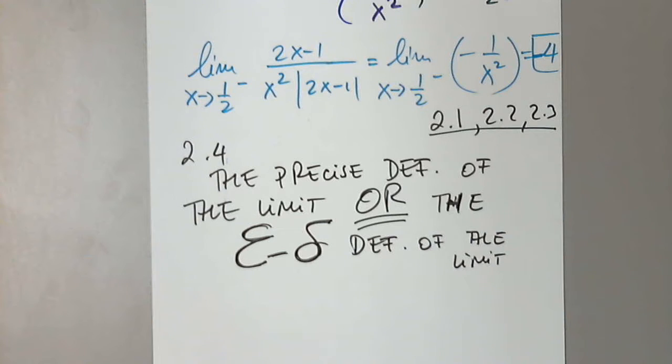What is this all about? It's a slightly deeper understanding of when the limit exists. It's a mechanism that we use to show why the limit exists, if you want.